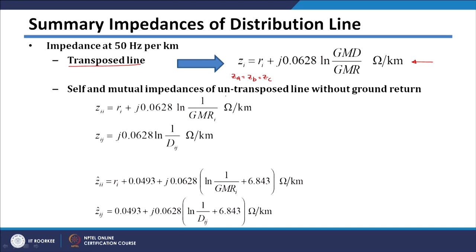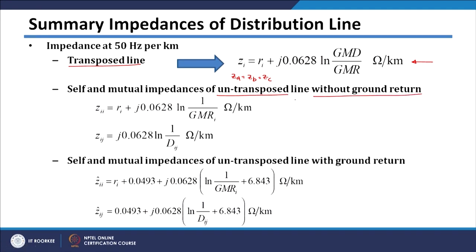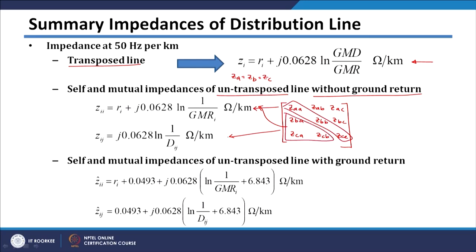However, if the line is untransposed, but the ground currents are not considered, then your expression is in terms of a matrix, which will give a 3 by 3 matrix consisting of all the impedances, and all these impedances will be calculated using these self and mutual impedance formulas. The diagonal entries of this matrix will be calculated using this expression here, and the non-diagonal entries will be calculated using this expression.